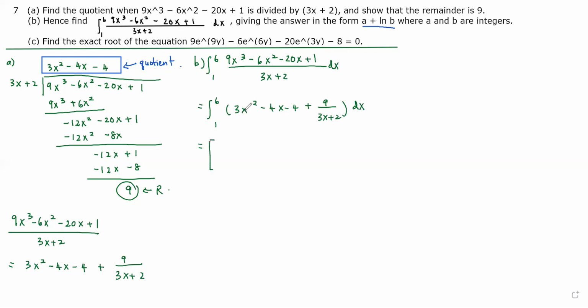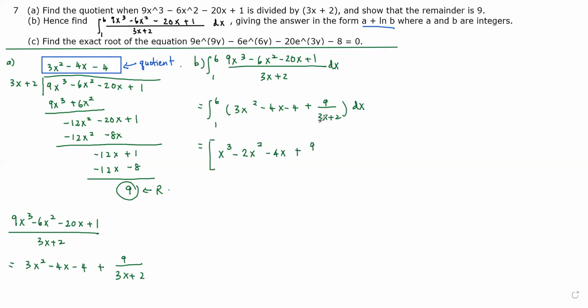Then the integral would give x cubed, that is 3x cubed divided by 3, and then we have 4 over 2, so you have 2x squared, and that is negative 4x.